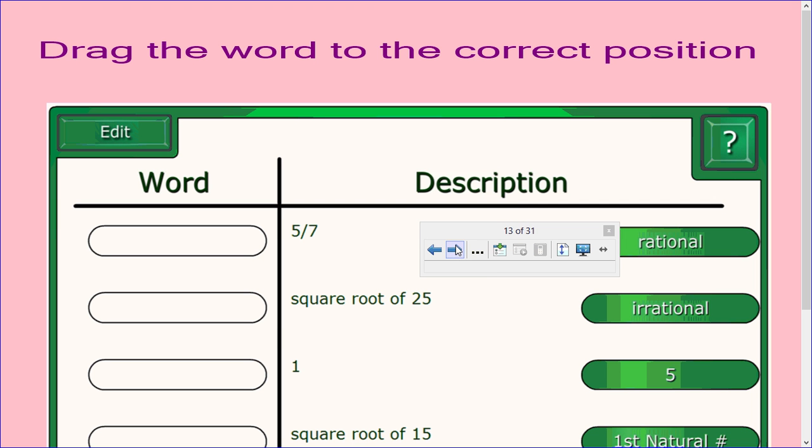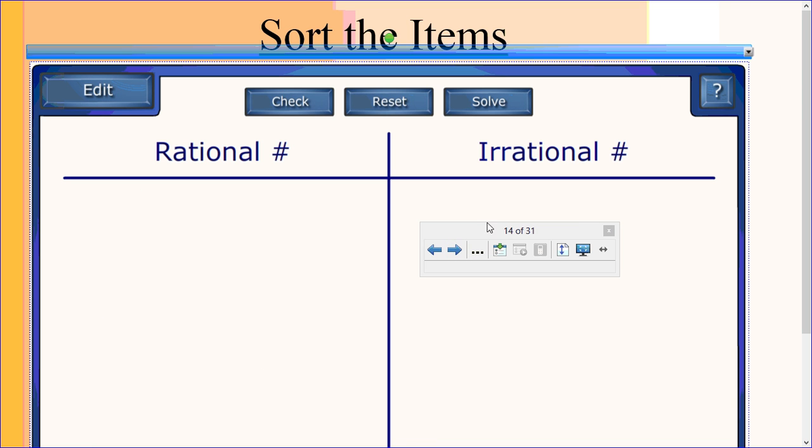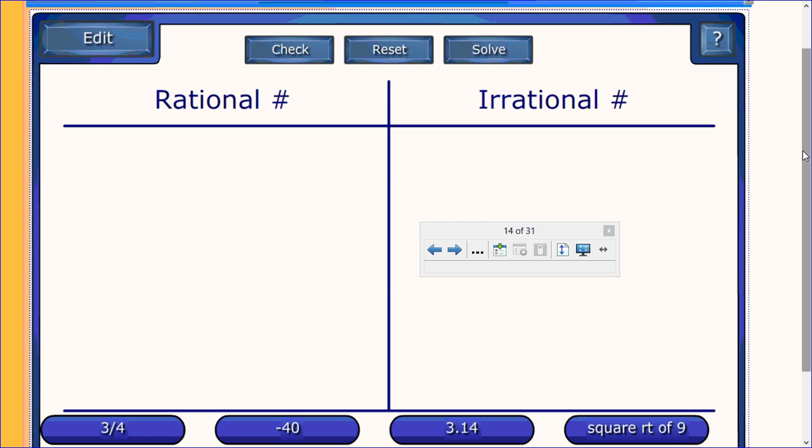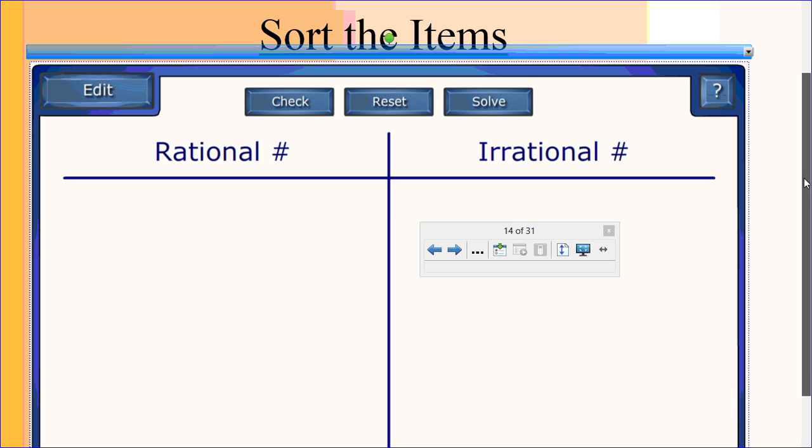Here's another game we'll play, again, to check out some rational and irrational numbers, see if you know them. Here's an interesting game where you have a list of rational numbers on one side and a list of irrational numbers on the other side.